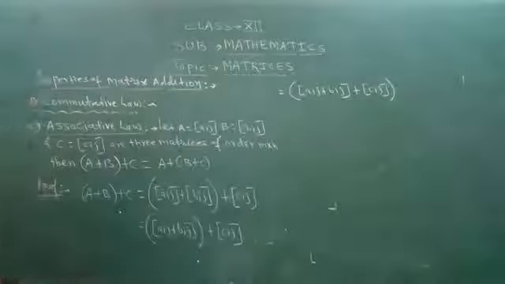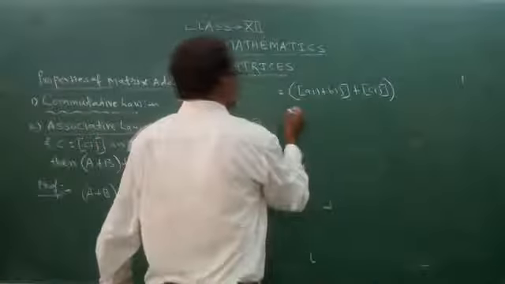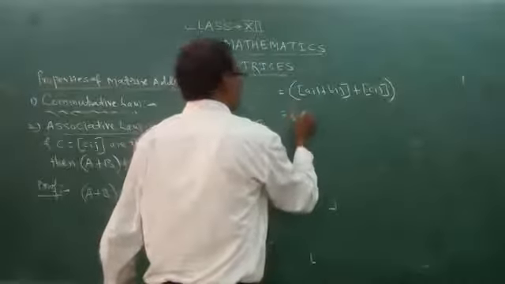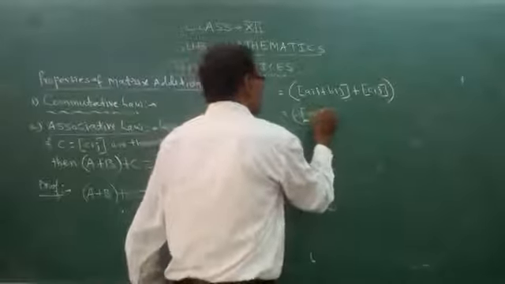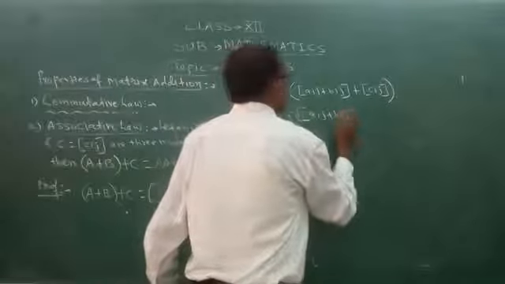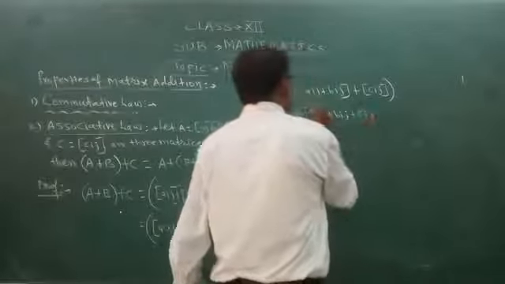In this way, I can add these two matrices. Now in the matrix, it will be Aij plus Bij plus Cij.